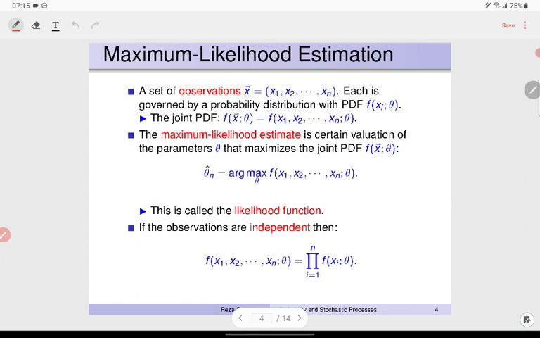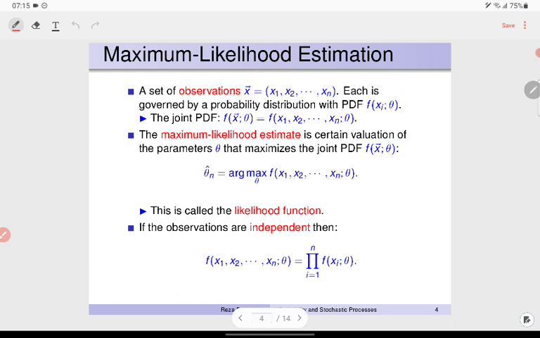The point estimator that we have is the argmax over theta. So we find the valuation of the parameters theta that makes this joint PDF maximum. This joint PDF is what we call the likelihood function.